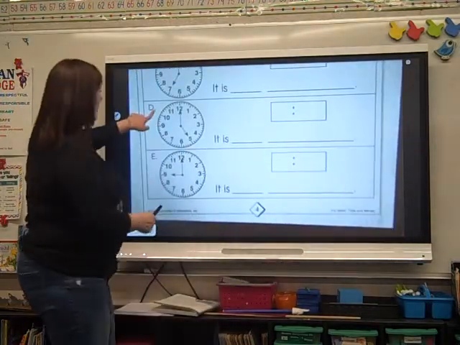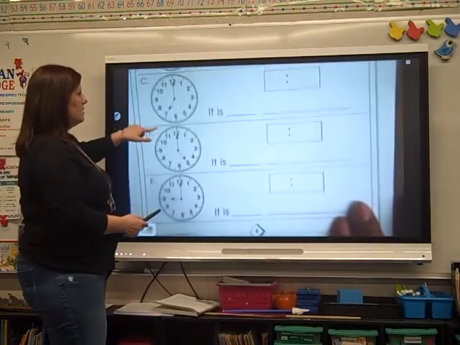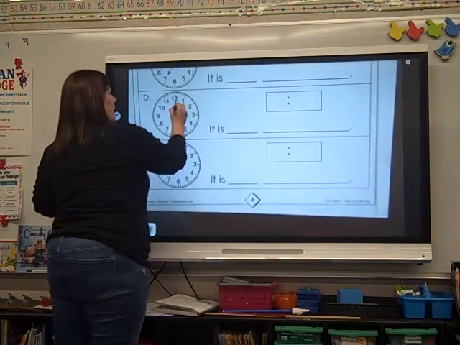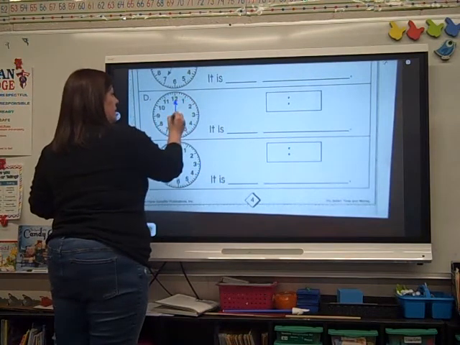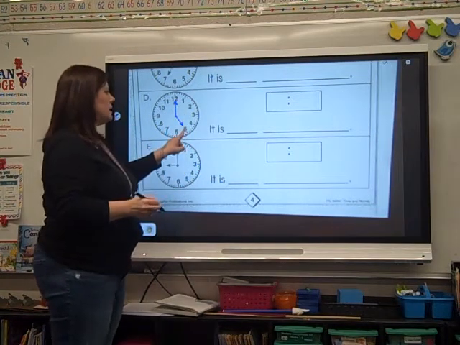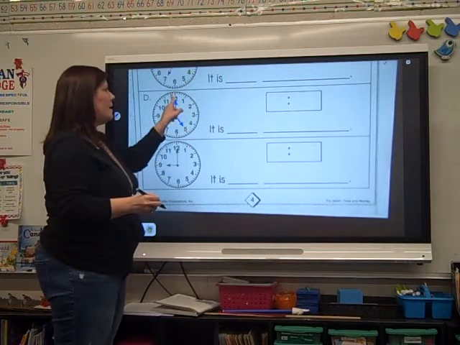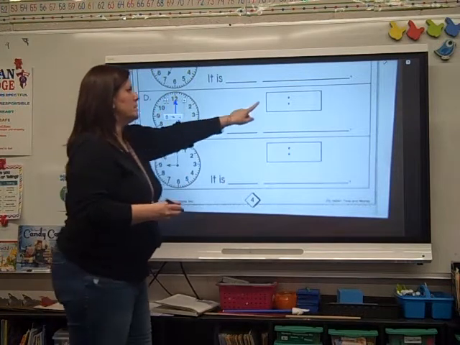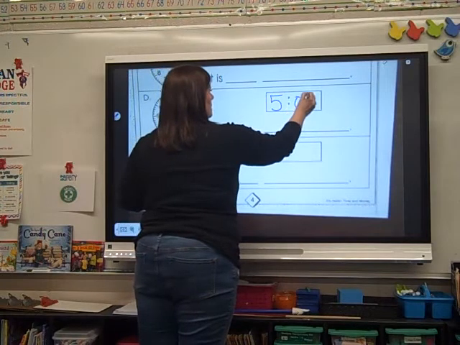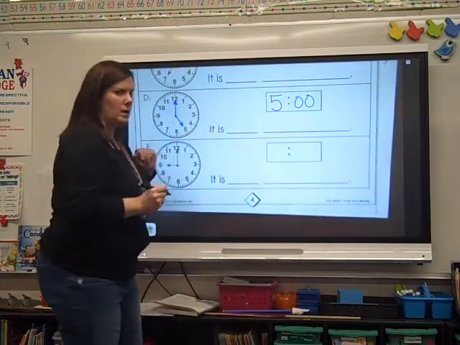All right, we're on this one that has the D. Right? So, the minute hand is pointing to the 12. The hour hand is pointing to the 5. So let's read it. It is 5 o'clock. So let's put it over here. 5 o'clock. Now let's write it in words.